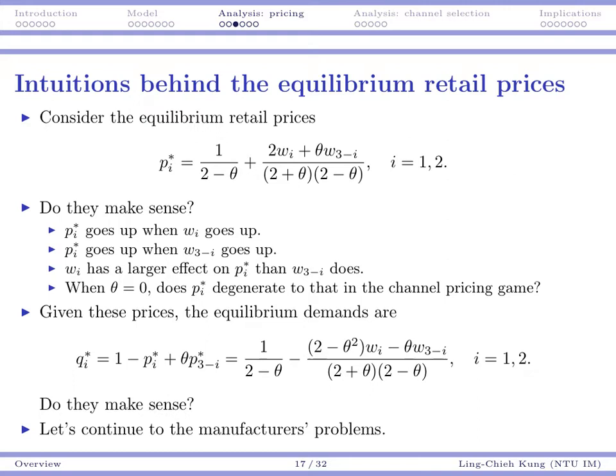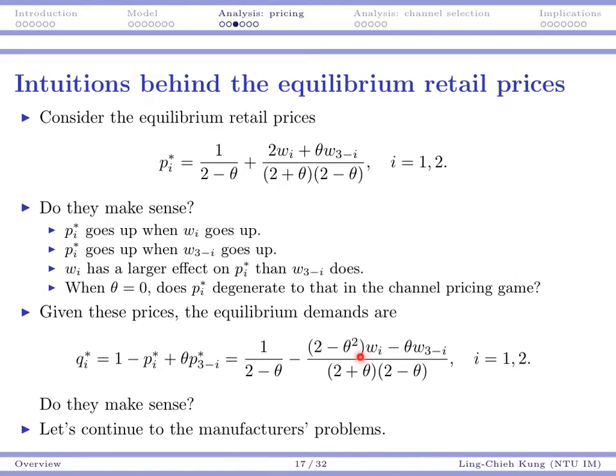So now let's believe the retail price is correct. Then plugging that back into the demand function, we can get the equilibrium demands like this, as a function of Wi and W3-i. Again, we may want to do some verifications.